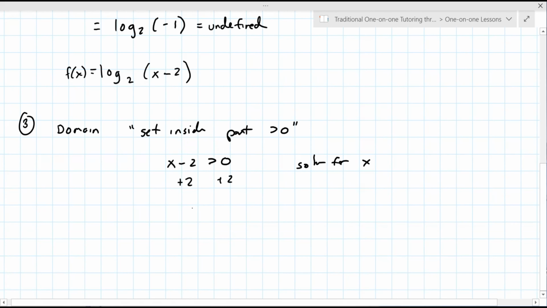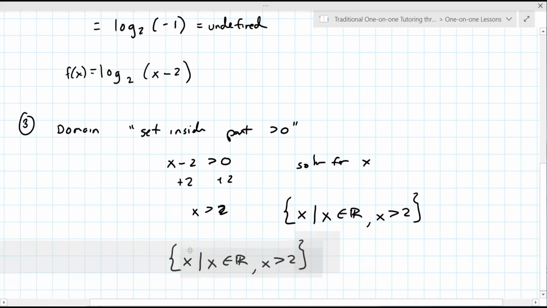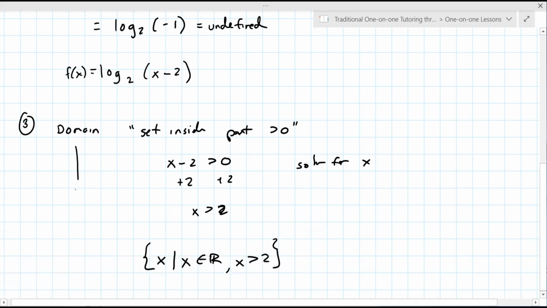Add 2 to both sides, so x is greater than 2. And so that's your domain. It's written as the set of x such that x is an element of the real numbers, comma, x greater than 2, using curly braces on the outside. So that's your domain. Okay.